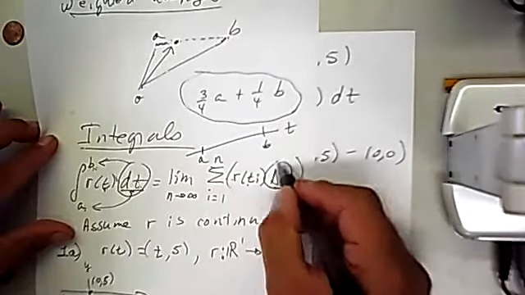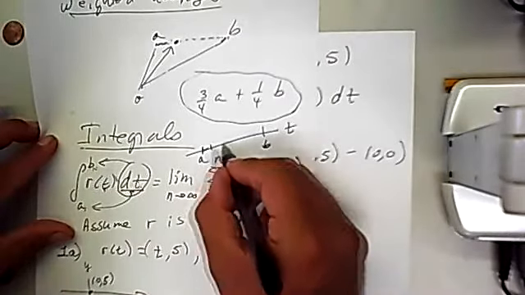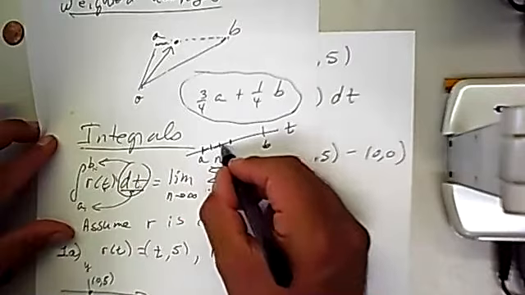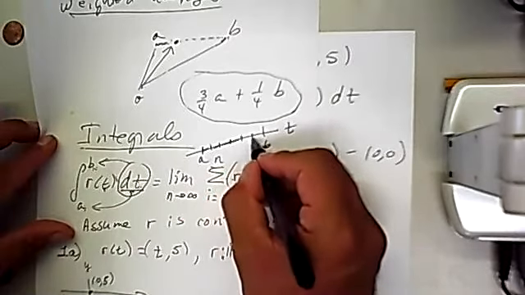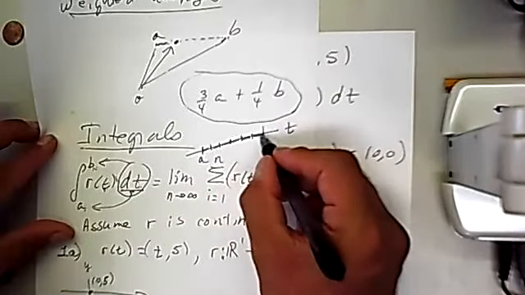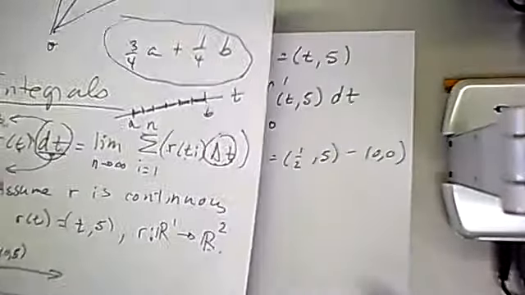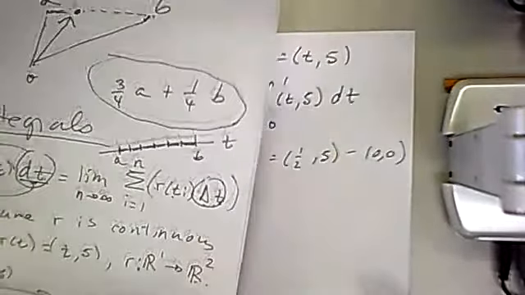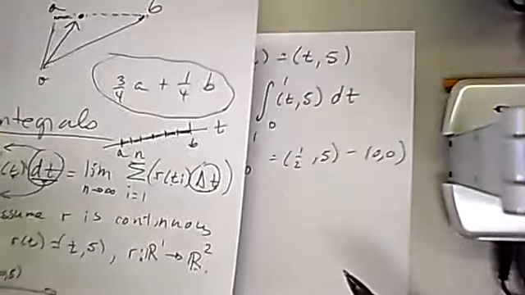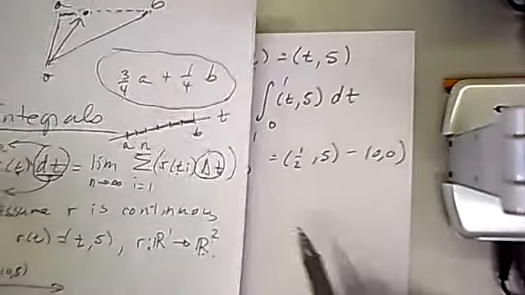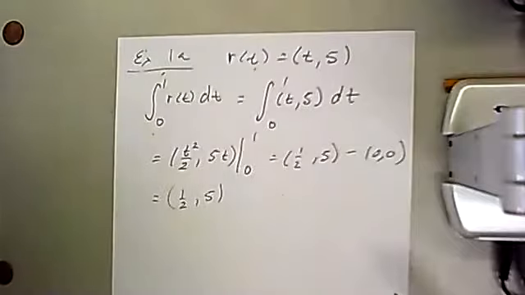Each one of these delta t's is just one short segment. And we're assuming for now that they're equal length. In a more general definition of integral, they don't have to be the same length, but we're going to assume they are.